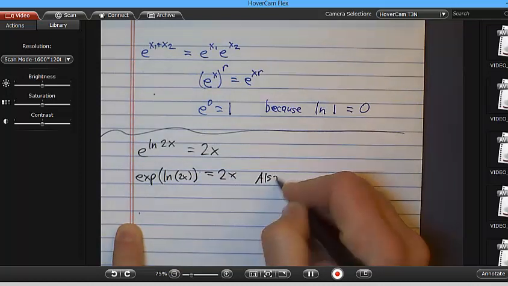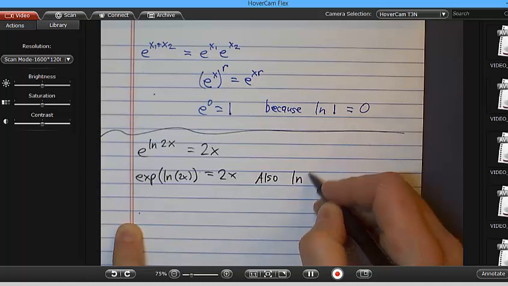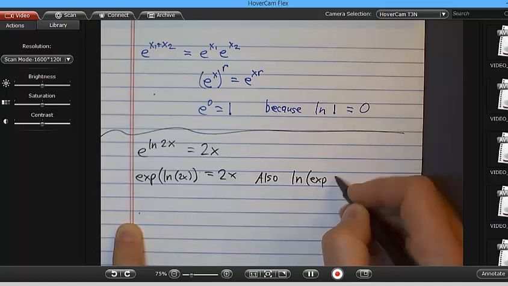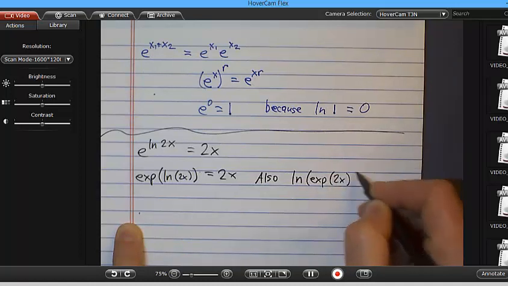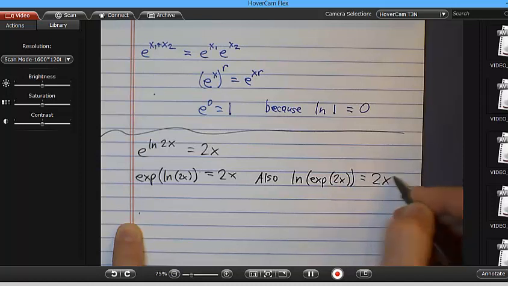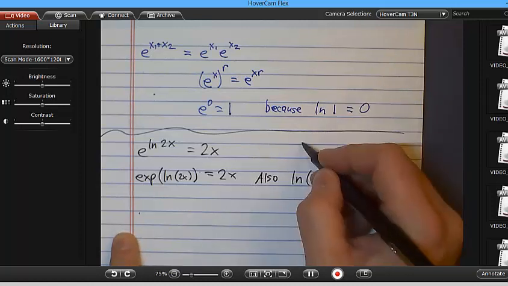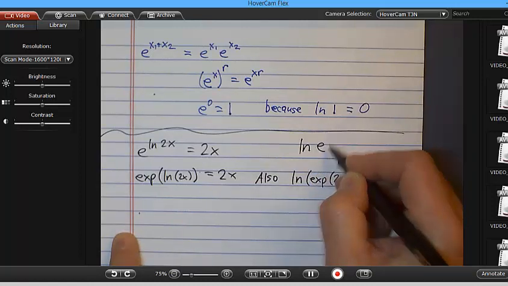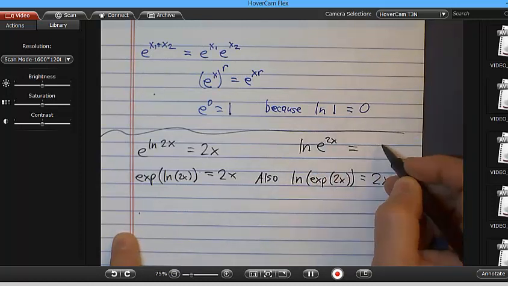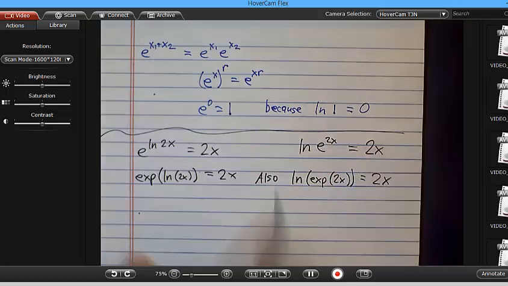Also, if I had the natural log of the exponential function of 2x, what does that equal? 2x. Well, let's write that using the e to the notation. Natural log of e to the 2x. What does that equal? 2x. So I think this is just getting you used to the idea that what you have here are inverse functions.